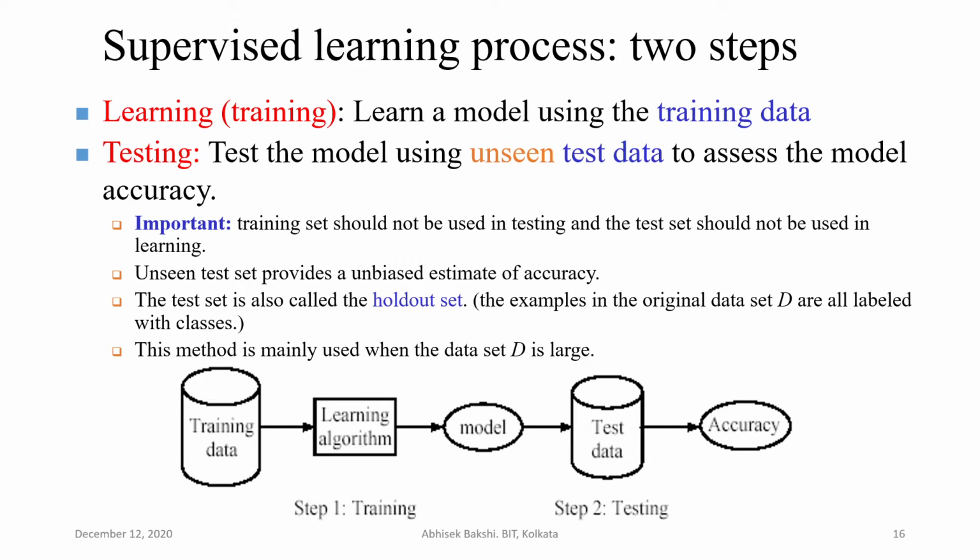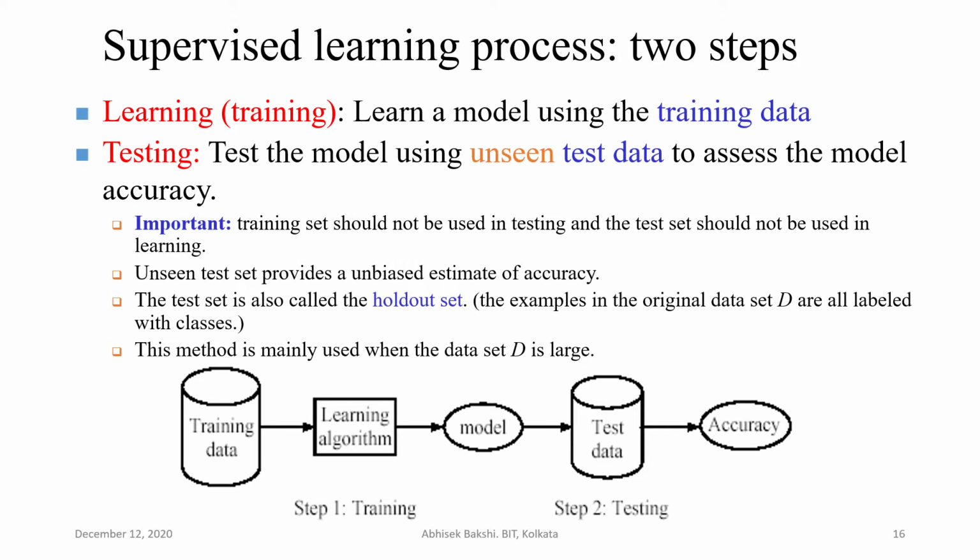Now this training and testing data are of similar structure. The only difference is that in case of test data, we don't change the function parameters with respect to the error that we get.